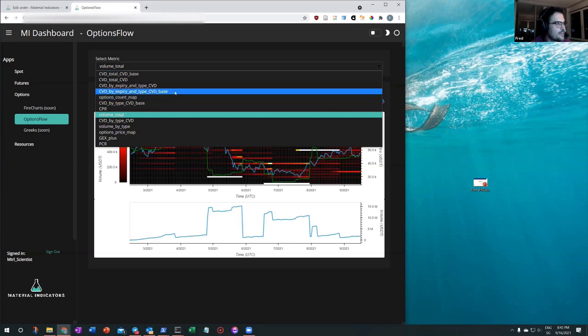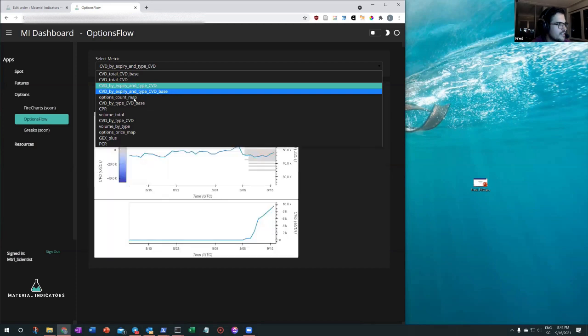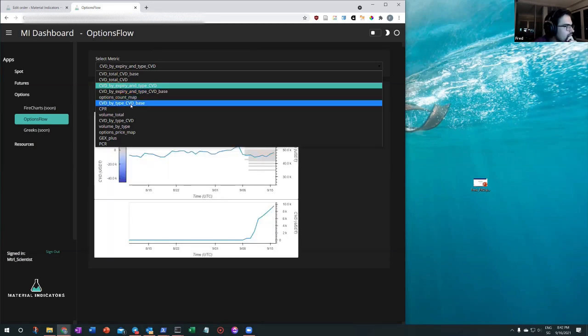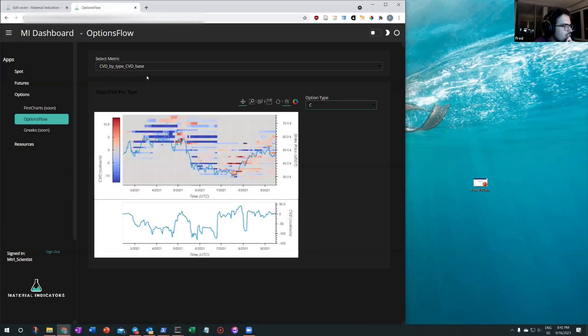If we look at, which one was it? Let's see, type. Yeah, this was pretty clear.